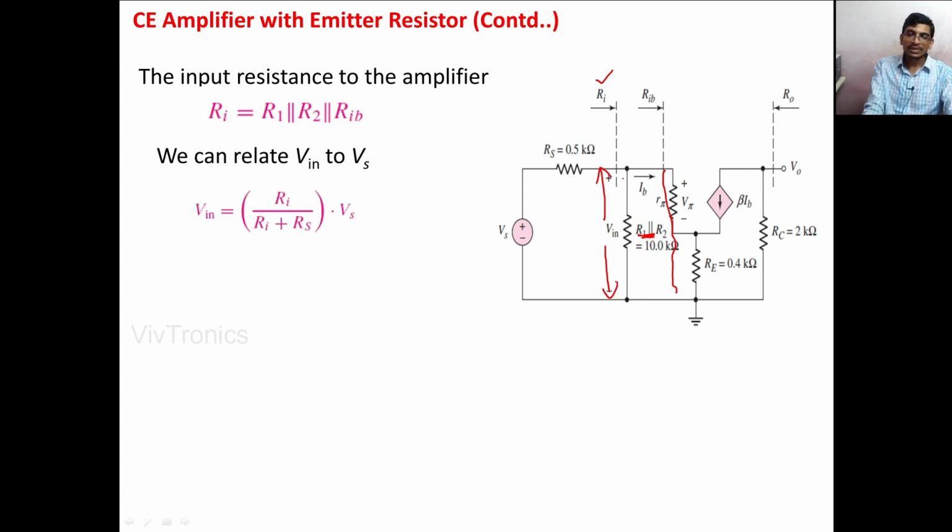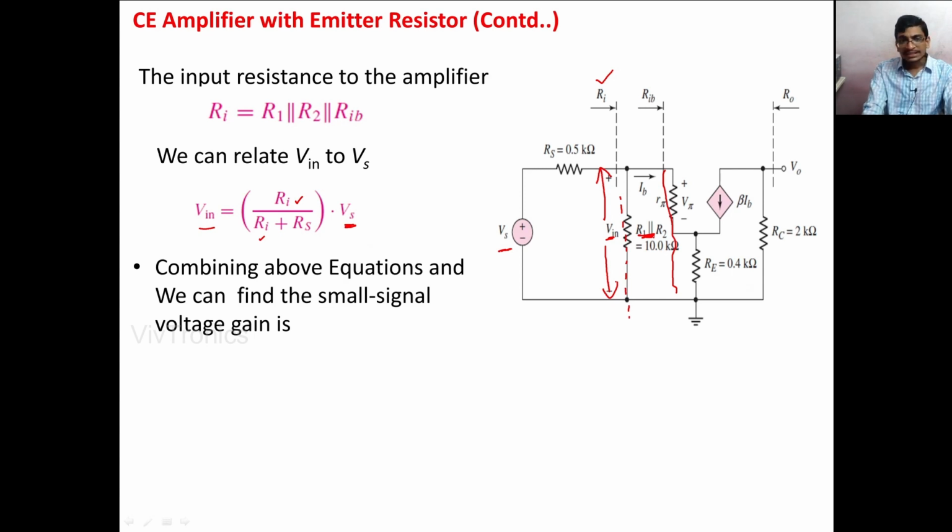This total input resistance can be represented with Ri. By using the voltage division rule, we get Vi in is equal to applied voltage Vs into Ri divided by Ri plus Rs, where Ri is the total input resistance including the R1 parallel R2 biasing resistance.